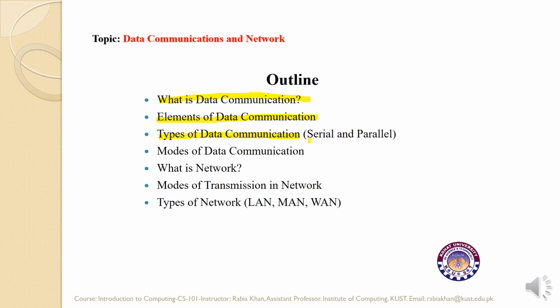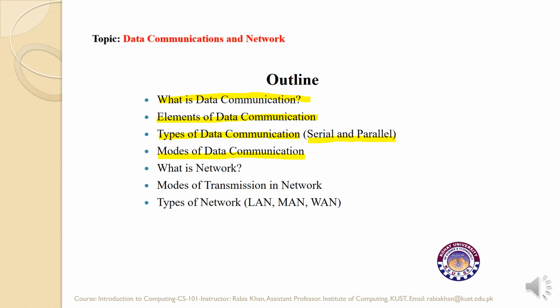Mostly there are two types, serial and parallel, and we'll be discussing how both of these work. The last topic for data communication is the modes being used for data communication. What are different modes of data communication and how they work? We'll be discussing this in this chapter.